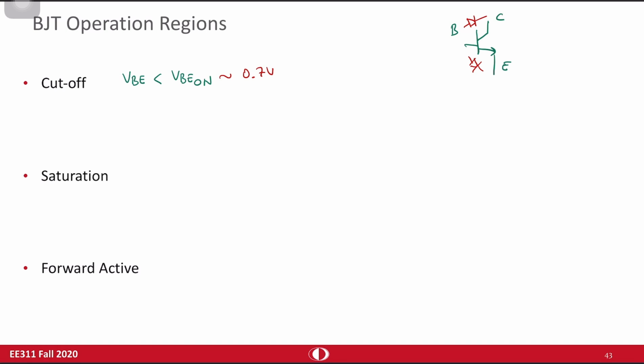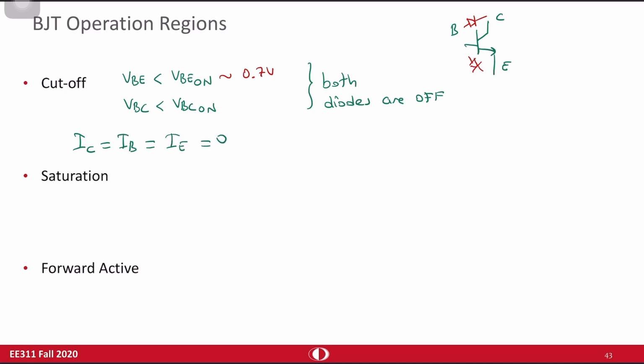For cutoff, VBE is less than VBE on, and VBC is less than VBC on, which means that both diodes are off, and therefore IC is equal to I base, which is equal to I emitter, which is equal to 0. So the equivalent circuit is an open circuit at all ends: collector, base, and emitter.